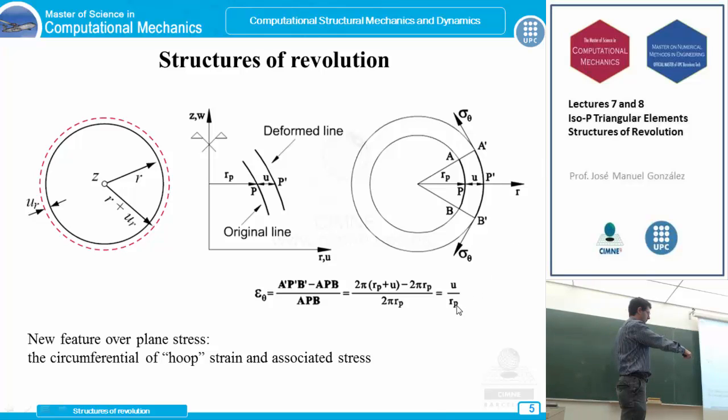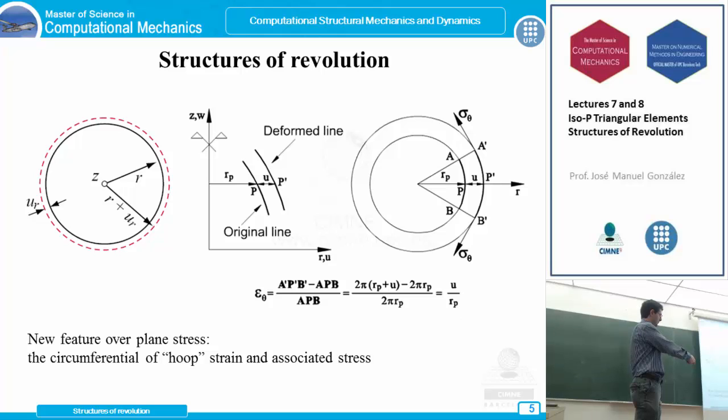So this is the extra component from plane stress and plane strain. We call it the circumferential strain and stress, or the hoop strain or stress, which is quite different from the ones we've been treating before in the two-dimensional problems.